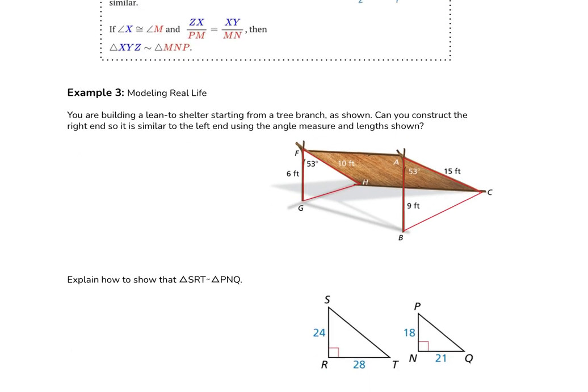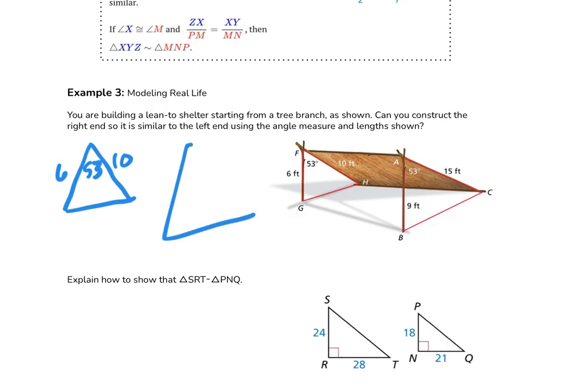Okay, coming down here. Building a lean-to shed or shelter. Can we construct the right end so it is similar to the left end using the angle measures and lengths as shown? Okay, so for the first triangle, this is 6, this is 10, my angle is 53.